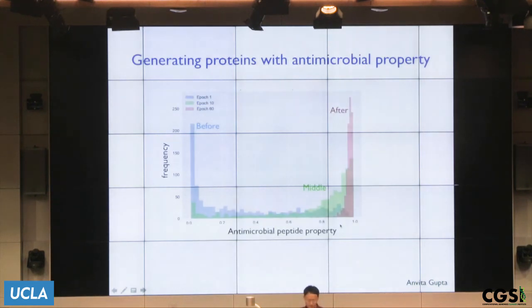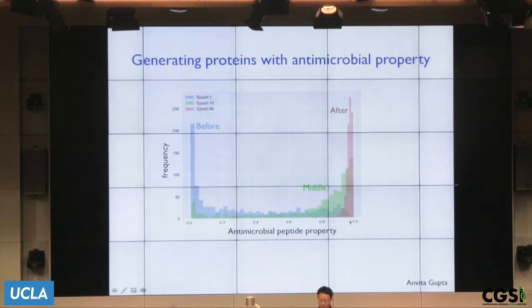The second proof of concept is, can we generate proteins that have desirable, maybe antimicrobial, properties? Again, we have to do much more extensive functional validation, but the histogram shows the blue distribution of proteins before you apply the transport, and the red one after you optimize and apply the transport, at least by bioinformatic approaches where we try to measure the antimicrobial properties of these different peptides.